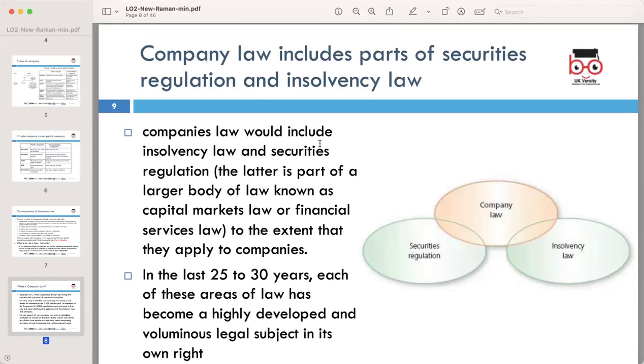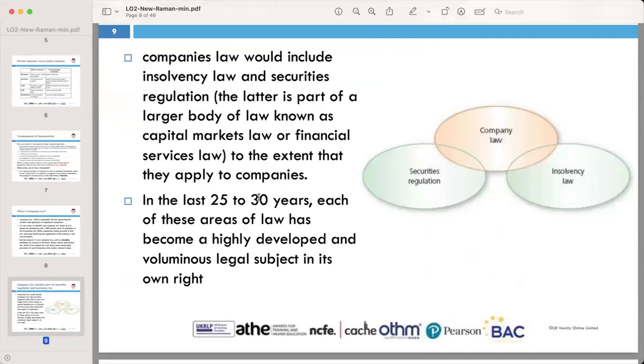Securities regulation, a subset of capital markets or financial services law, deals with the rules governing financial instruments and transactions, especially those involving securities. Similarly, insolvency law focuses on the legal process related to financially distressed companies. Over the past few decades, both securities regulation and insolvency law have evolved into complex legal subjects in their own rights.